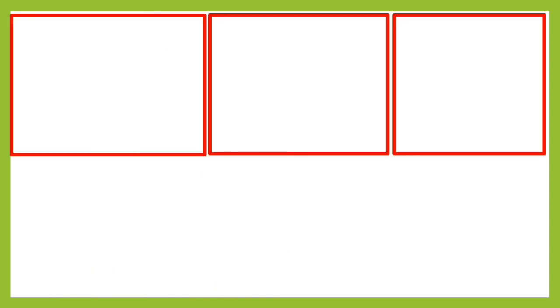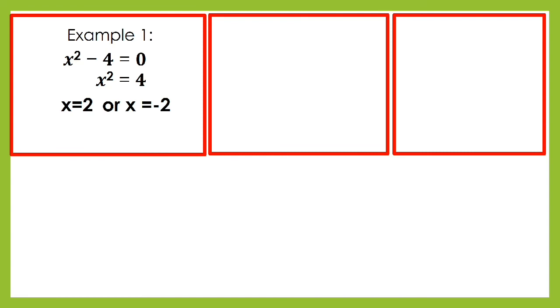Let's have a review from the 3 examples we have earlier. For example 1, x squared minus 4 equals 0. We transform it into x squared equals 4. By extracting square roots, we get x equals 2 or x equals negative 2. We have here 2 real solutions or roots.